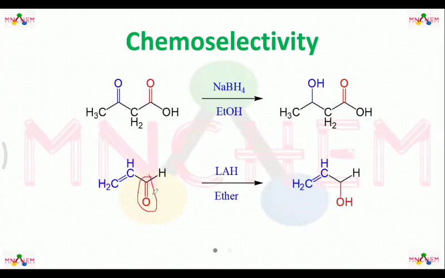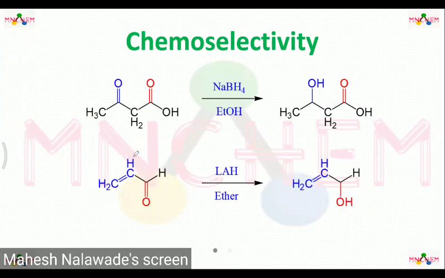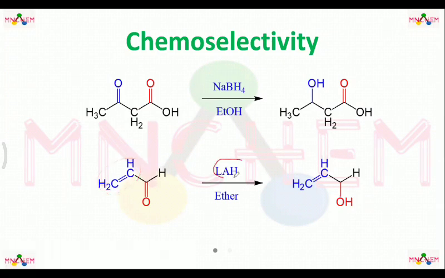But when we consider the carbon-carbon double bond, this is a non-polar functional group. Both the carbons have the same electronegativity, and LAH, lithium aluminum hydride, cannot reduce non-polar functional groups.